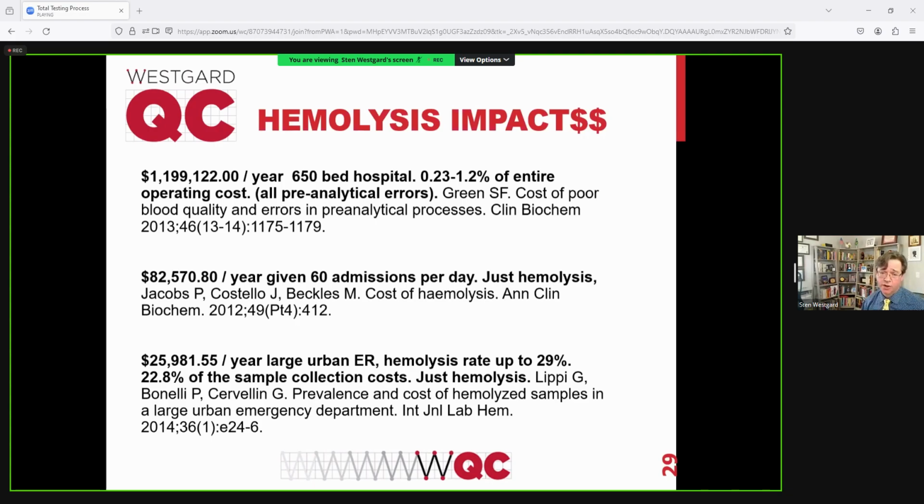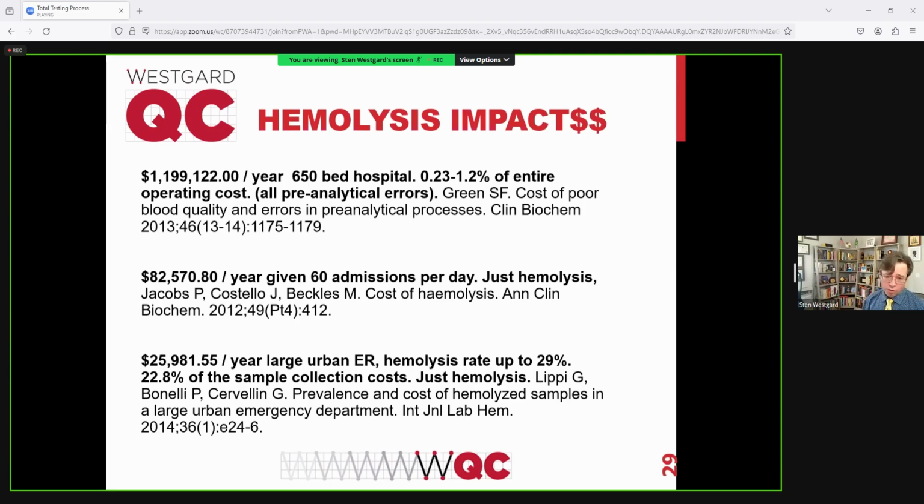One from a US hospital that has 650 beds, they figured it's $1.1 million a year. Now that's, I should say, not hemolysis, that's all pre-analytical errors. And that works out to almost 1.2% of the entire hospital operating cost, pre-analytical error impact.